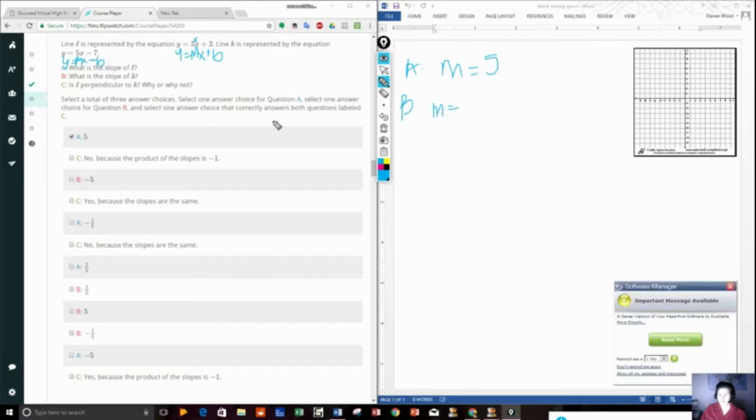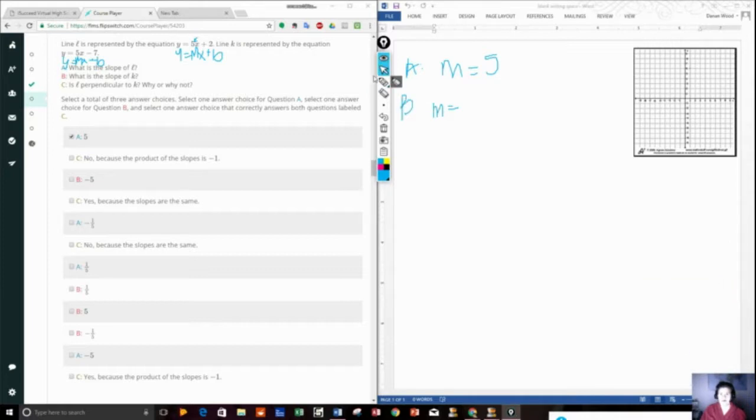So again, the 5 is in the spot where the m would be, which is our slope. So 5 is our slope for question B. So I'm looking for a B and a 5. Alright, there's question B5.